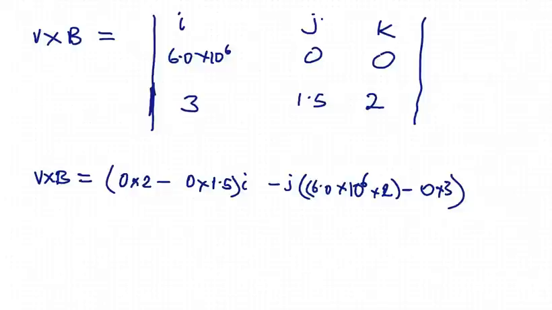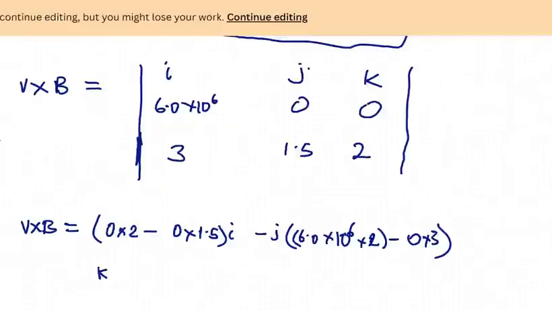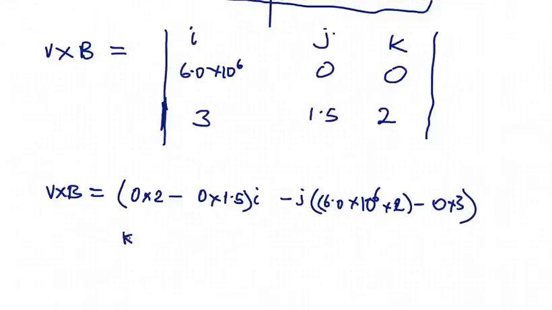For the k component, we have 6.0 multiplied by 10 to the power 6 multiplied by 1.5 minus 0 multiplied by 3.